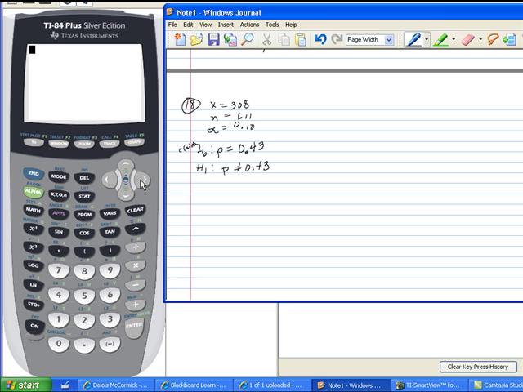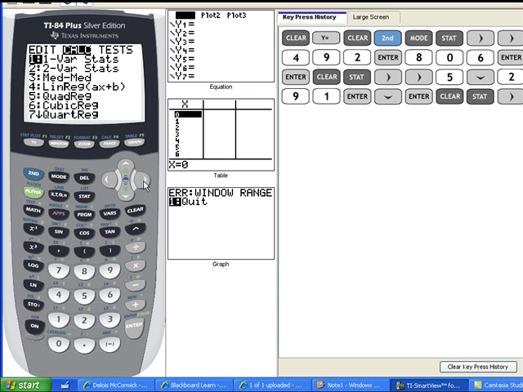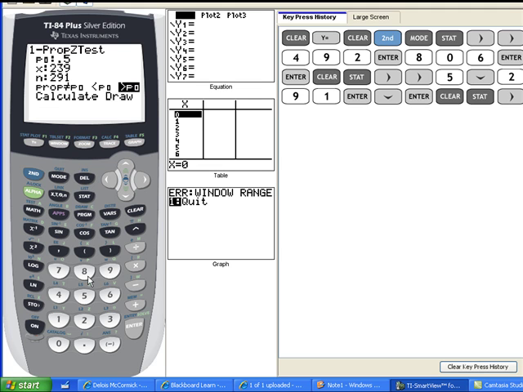We want number 5. Our proportion has changed. This time it was equal to 43%. We had 308 who thought they had voted for the winning candidate, out of 611. And our alternative this time, we want to press enter to choose that, and calculate.